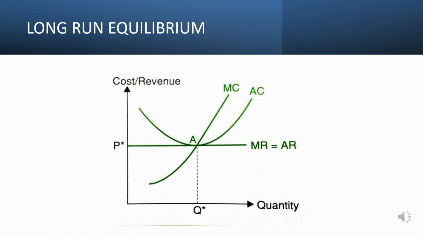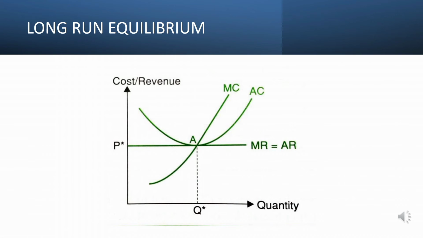For if the price is greater or less than the average cost, there will be a tendency for the firm to enter or leave the industry. If the price is greater than the average cost, the firm will earn more than normal profit. This supernormal profit will attract outside firms into the industry.